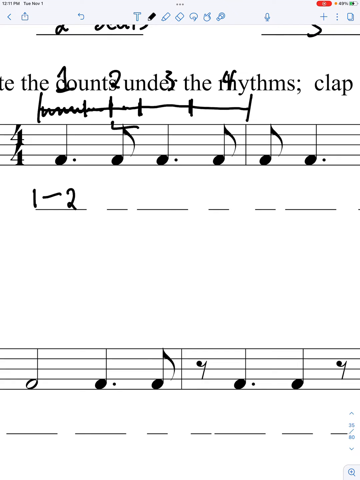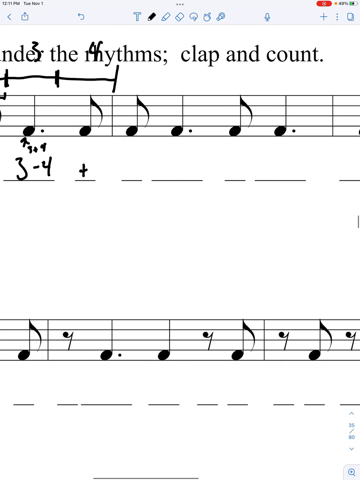Then this eighth note is going to take up the last half of that second beat, so that's going to be "and." You can also think of this as 1 and 2, if that's easier for you. But the 1-2 works as well. Then this is going to start on beat 3 right here. That's going to have, so 3 and 4, so 3-4 and, okay?